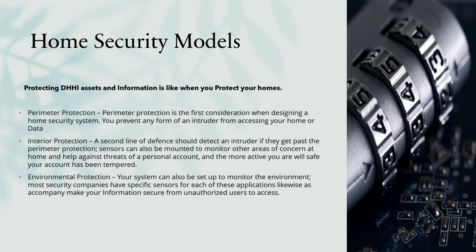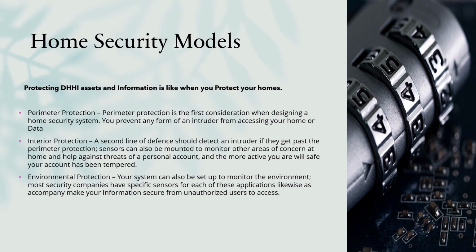On this slide, we look at home security models. Protecting DHHI assets and information is like when you protect your home. We look at perimeter protection. Perimeter protection is the first consideration when designing a home security system.